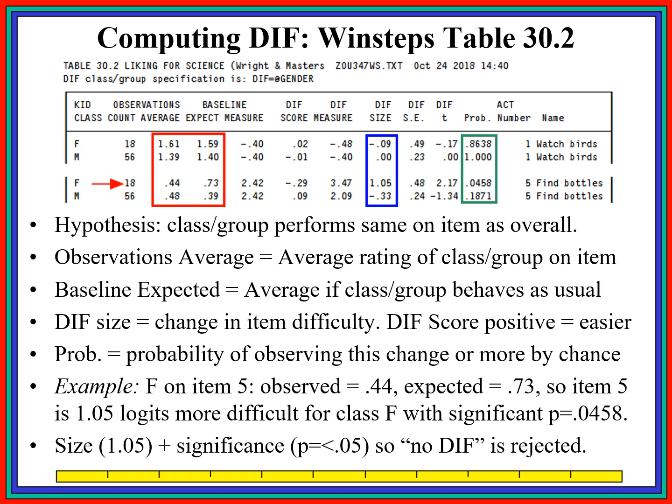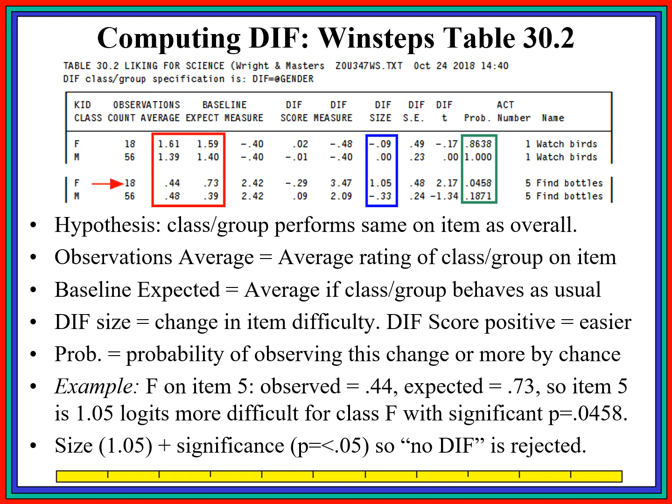So the boys scored high, that makes the item easier. The girls were observed to score low, that makes the item harder. If we add that effect to the baseline difficulty of the item, difficulty of the item for everyone, then we see that the item difficulty of the girls is now 3.47 and for the boys is 2.09.